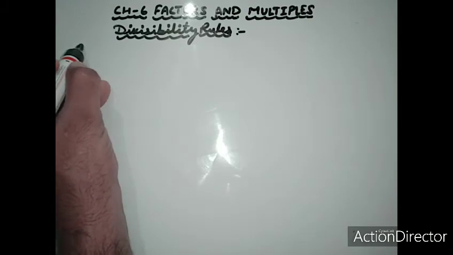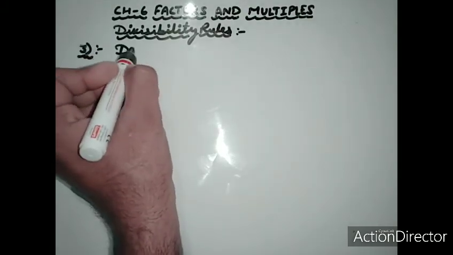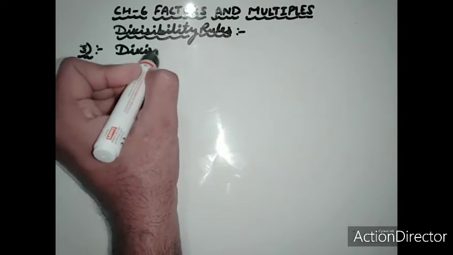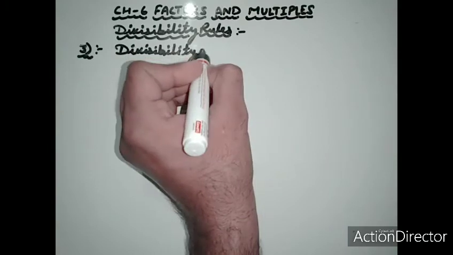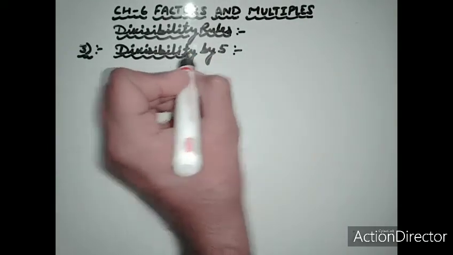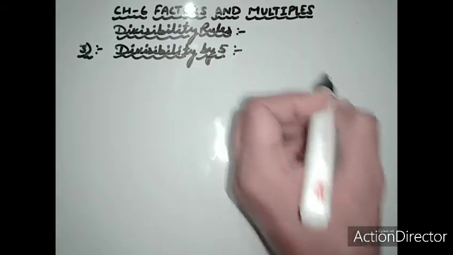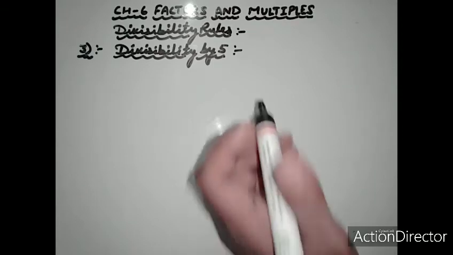Now here we discuss the next, third rule. Divisibility rule of 5. Divisibility by 5. Right? The divisibility rule of 5 is a number is divisible by 5 if its unit digit is 0 or 5, right?